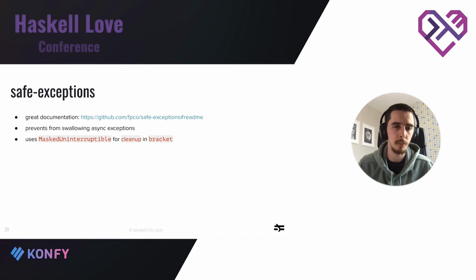There are two primary differences from functions from base in this package that I want to highlight here. Most importantly, it prevents you from swallowing asynchronous exceptions, where by swallowing, I mean that you catch an asynchronous exception and do not rethrow it. This is bad because, for example, it breaks timeout and the async functions, which rely on being able to deliver asynchronous exceptions.